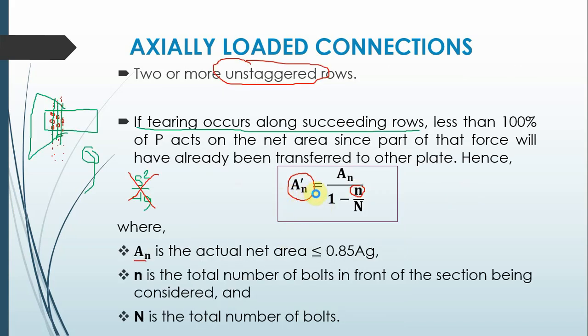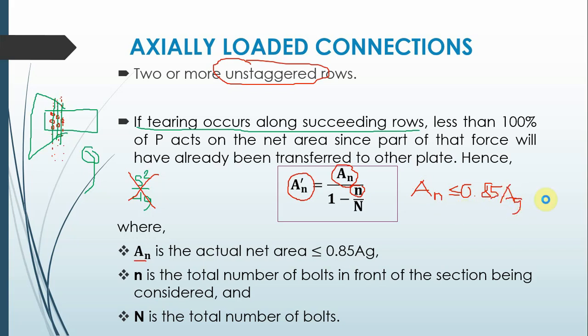For your A sub n prime, these are your new values for the net area if your A sub n meets the condition that A sub n is less than or equal to 0.85 A sub g.